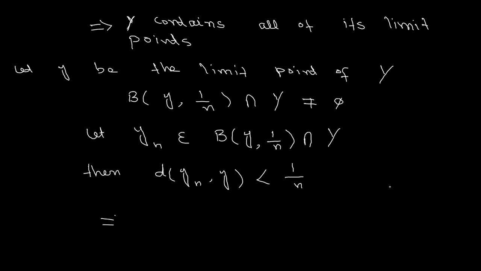So from this we can write that the distance between yn and y approaches 0, since 1 over n approaches 0 as n approaches infinity.